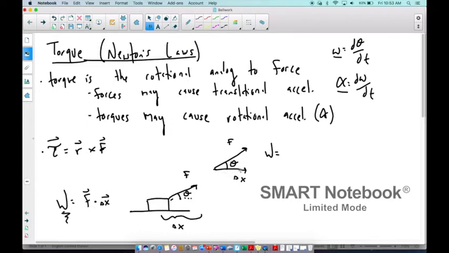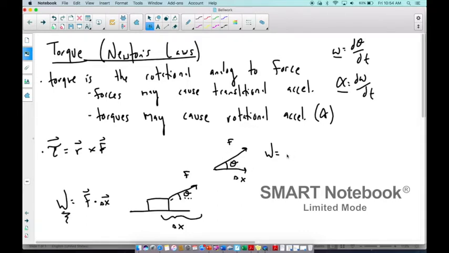I only want the parallel component of force. Well, how am I going to find the magnitude of the force in the x direction? Of course, I'm going to take my force and modify it by a factor of cosine theta.